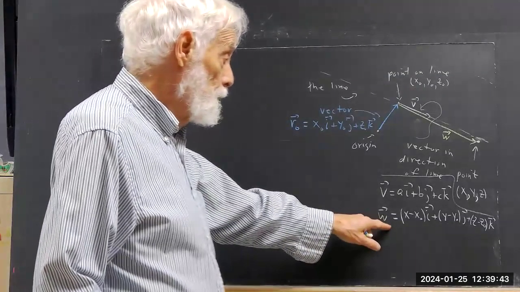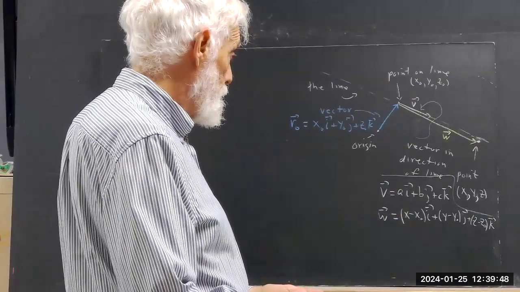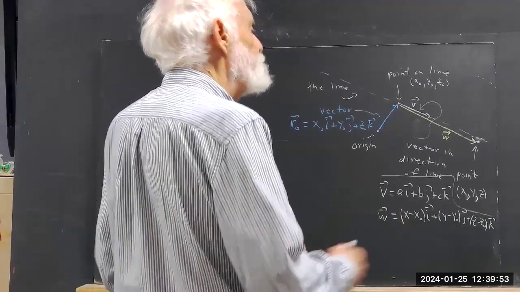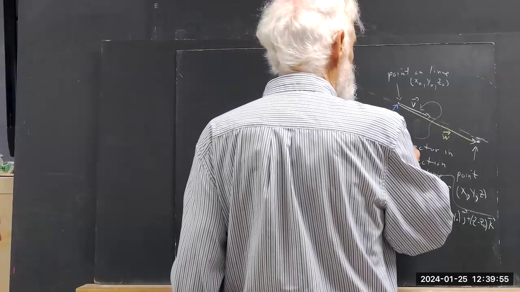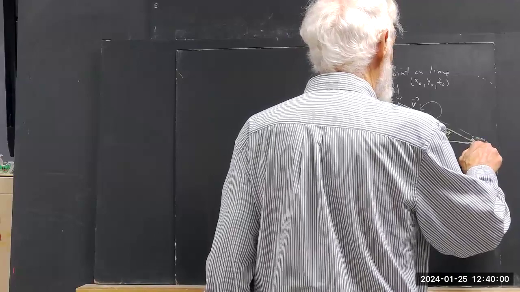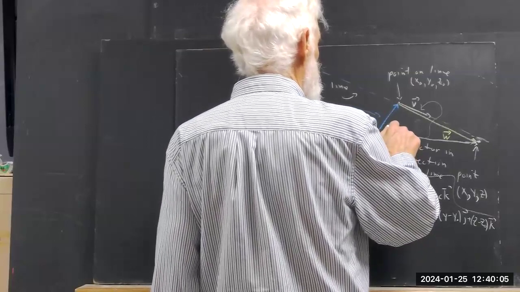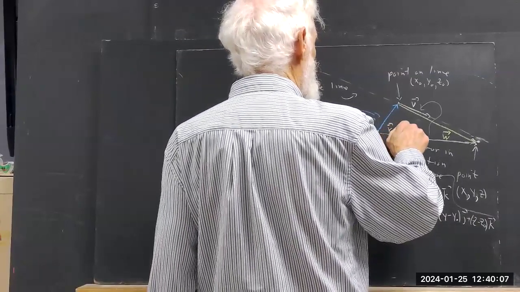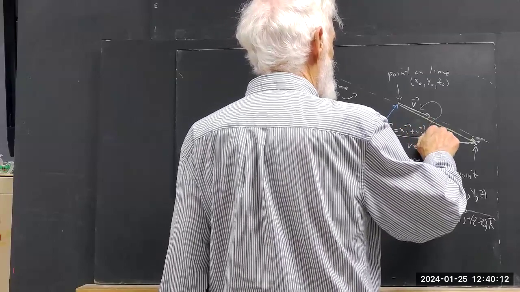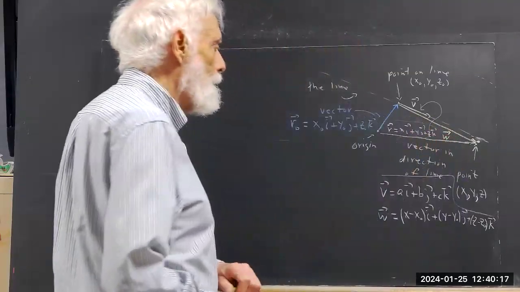So I can actually write a proof that W has to equal this because this vector, I have to squeeze it in there so you get a bigger picture.